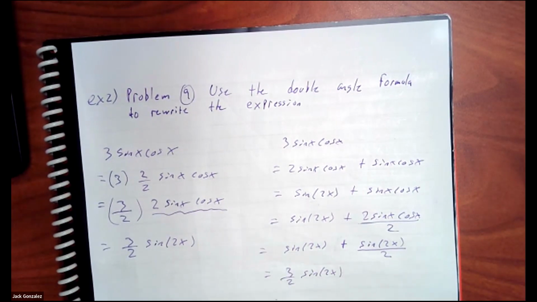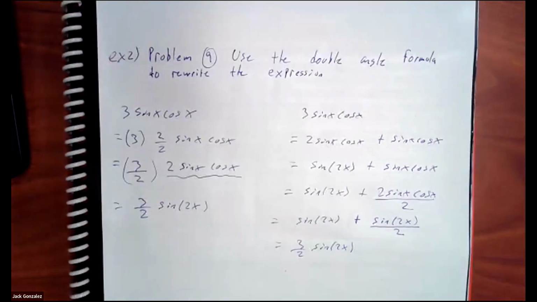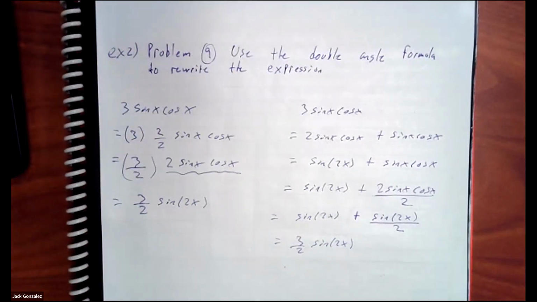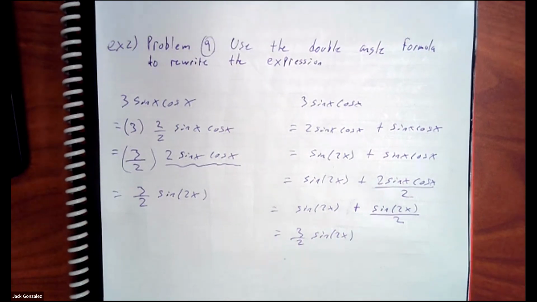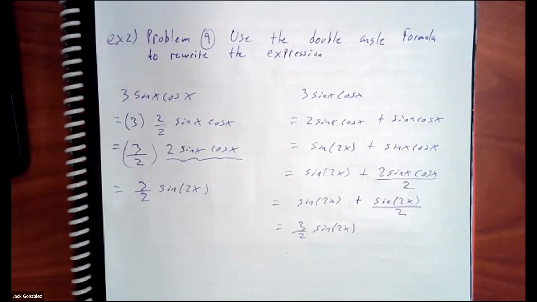I don't see another way. Anyway, the point was to condense it into a single term using the double angle formula. However, whichever way you want to get there, doesn't matter.